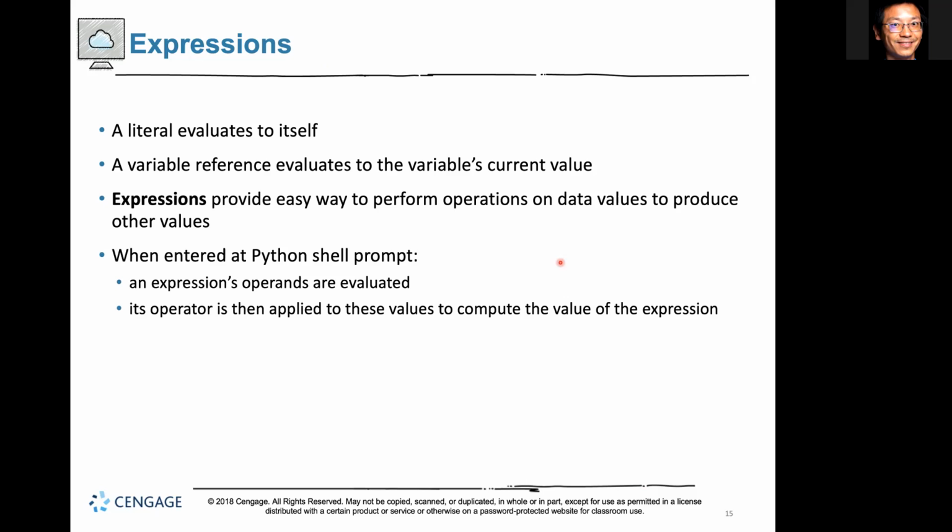That's what a variable is for. And then expressions provide an easy way to perform operations on data values to produce other values. Typically, an expression is the result of applying some operator to its operands, and the result of that is the result of the expression.